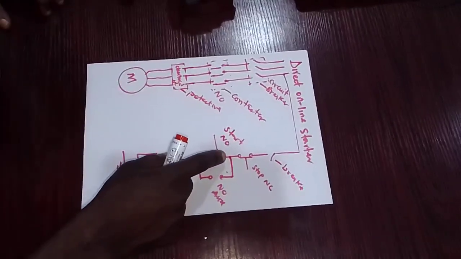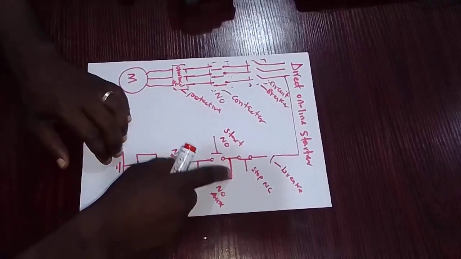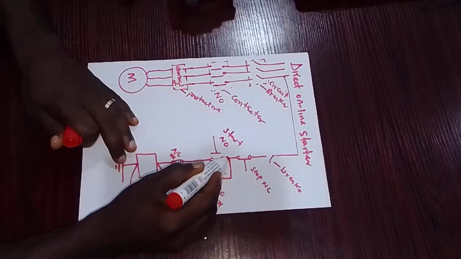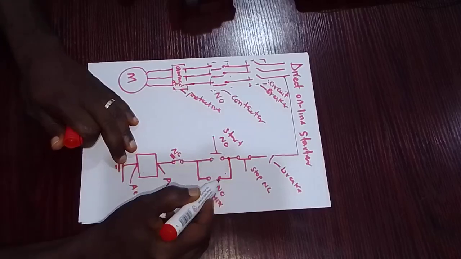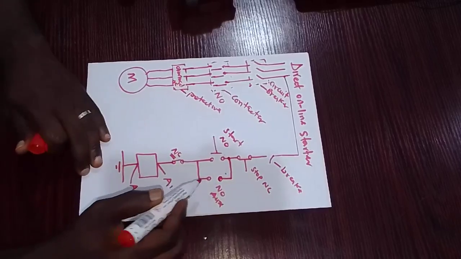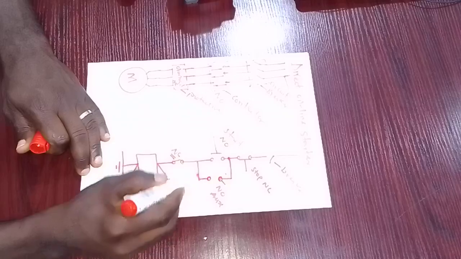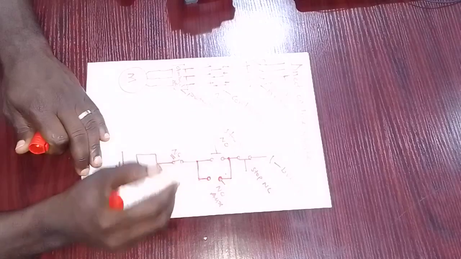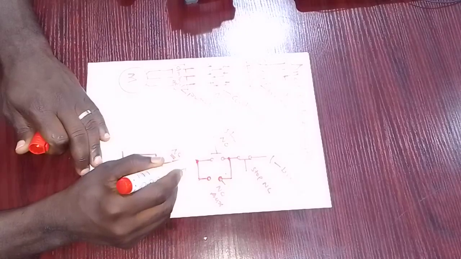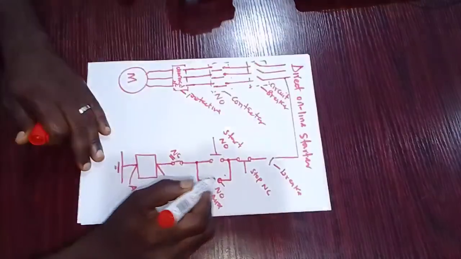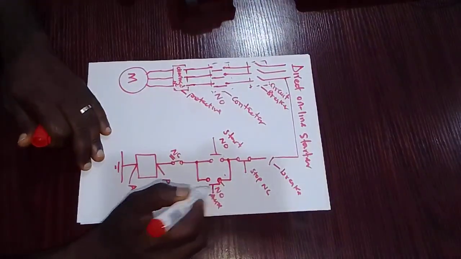Where we are going to connect these two, we tap here, pass it through the normally open contact, the input of it, and also from the output of it, we link back to this section of the circuit. Like we say, this is normally open.